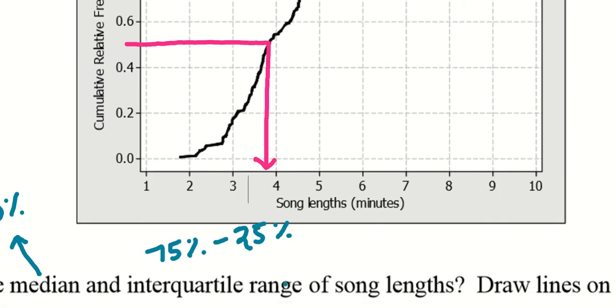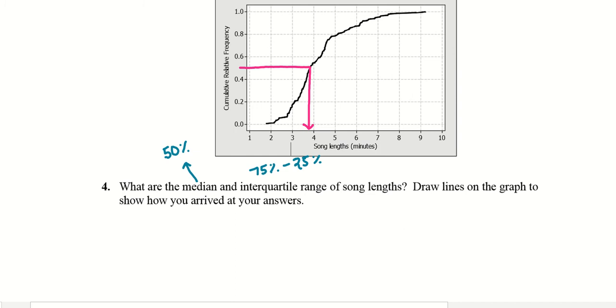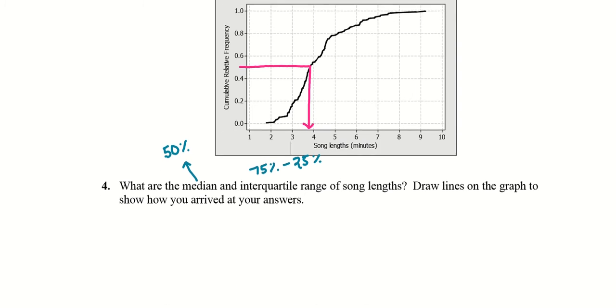So that song length is just a little under 4 minutes. To calculate the IQR, you would do the same process, but you're going to draw for 75% and 25% and then subtract those song lengths. The problem asks us to draw lines to show how you arrive at those answers.